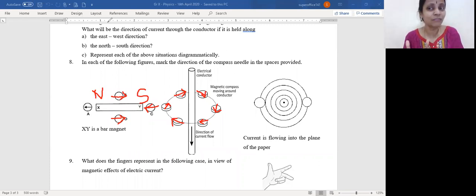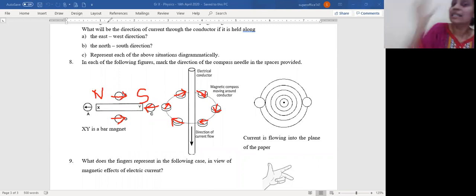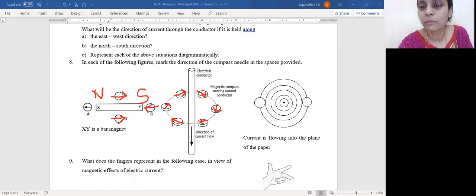That means current and the field will become parallel. So current is into the plane of the paper, so field is in the plane of the paper. So on the right hand side, it is moving down, and on the left hand side, it is moving up. So I will put a downward arrow here, and I will put an upward arrow here. Is that very clear, children?